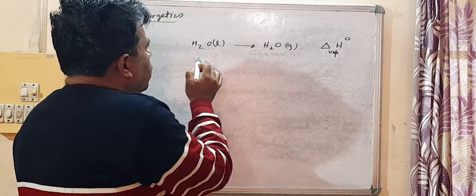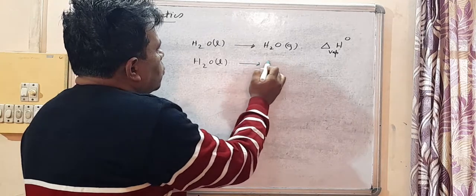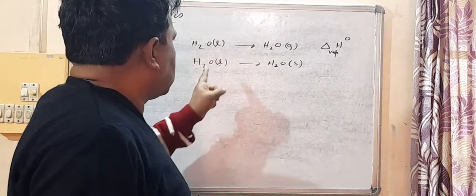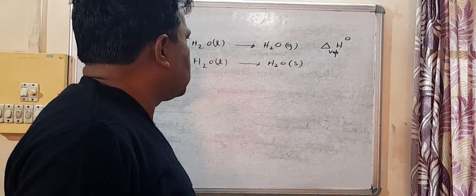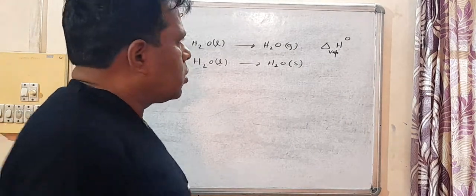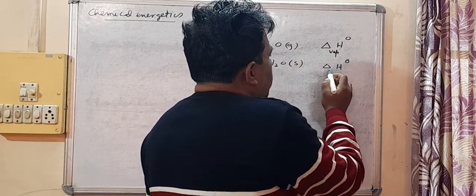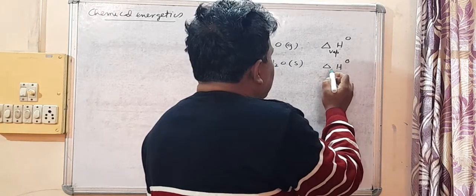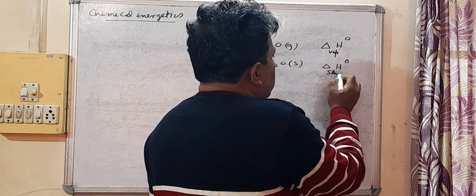Similarly, suppose you have H2O liquid to H2O solid. Liquid to solid is called solidification. So we can call it delta H of solidification.